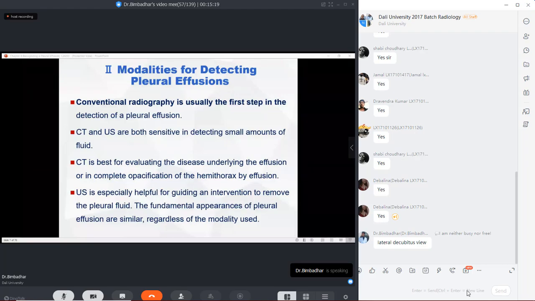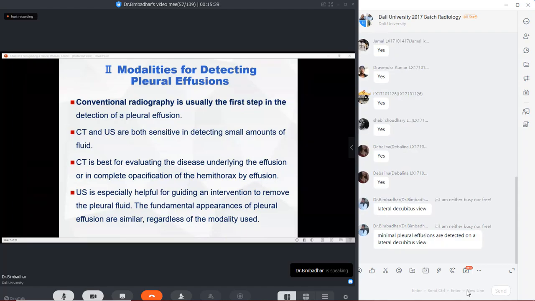Okay, so minimal pleural effusions are detected on a lateral decubitus view.